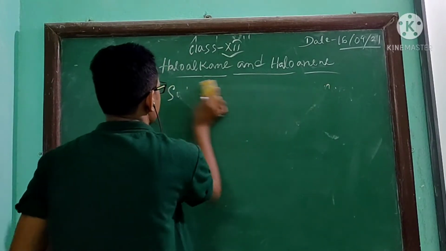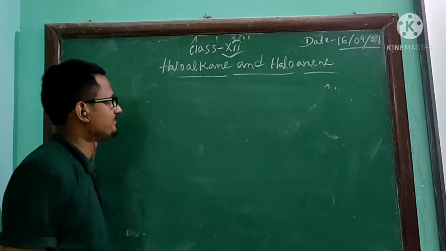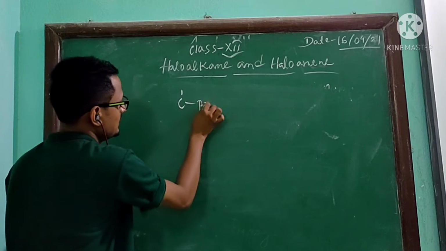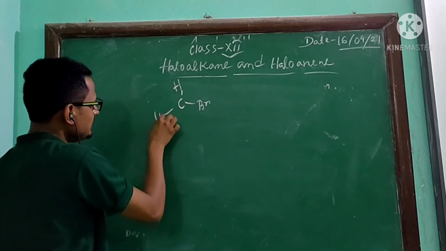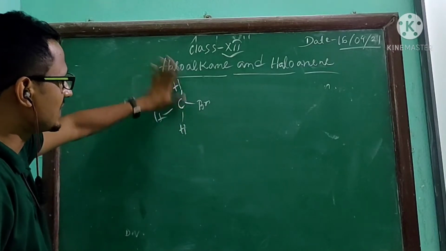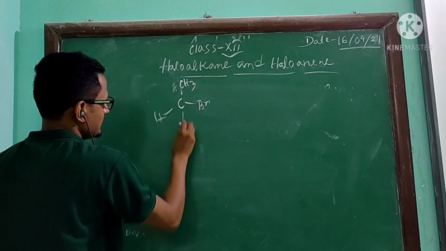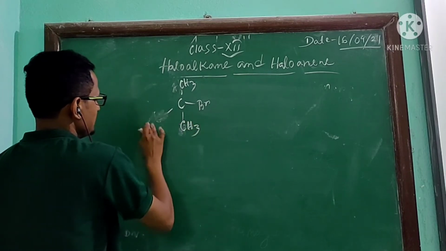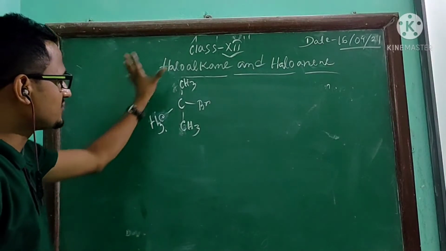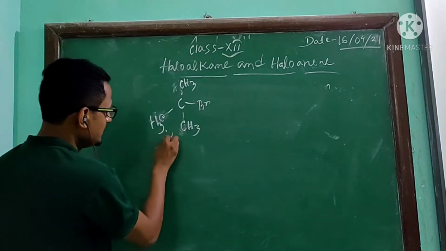Now see, I am taking an alkyl bromide. Normally 3 hydrogens are there in methyl bromide. I am replacing these 3 hydrogens by methyl groups. Now this one is tertiary butyl bromide.